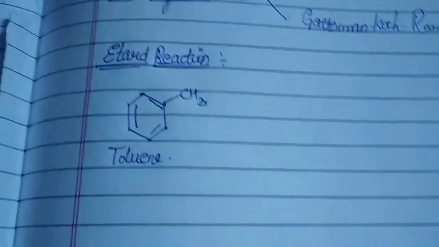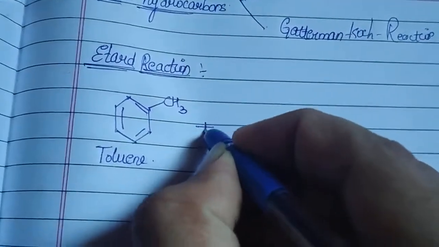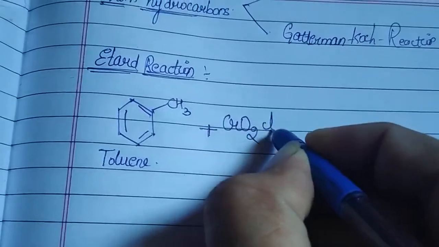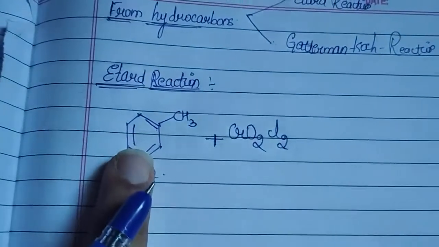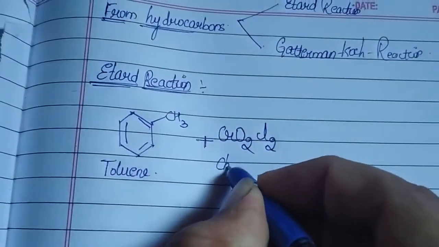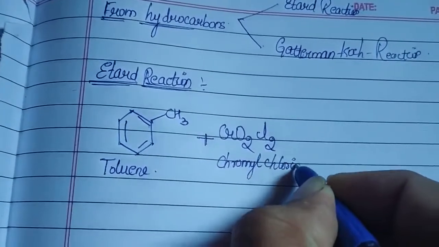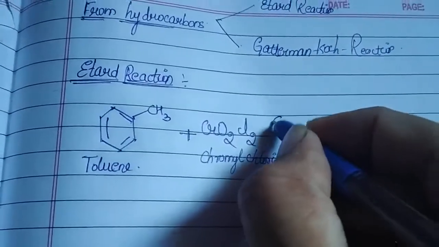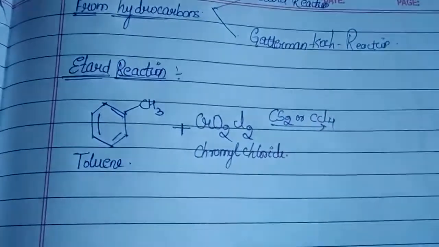Yes. So when toluene is treated with chromyl chloride, please note the formula of chromyl chloride, CrO2Cl2. Getting my point? So I am talking about the Etard reaction, where we are treating our toluene with chromyl chloride, that is CrO2Cl2, in the presence of carbon disulfide, or in certain cases we also use carbon tetrachloride.